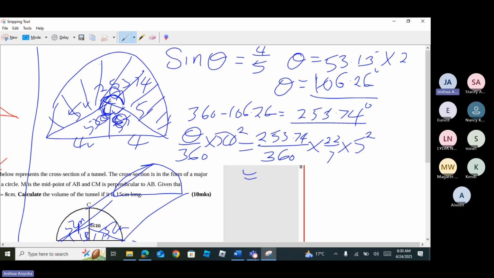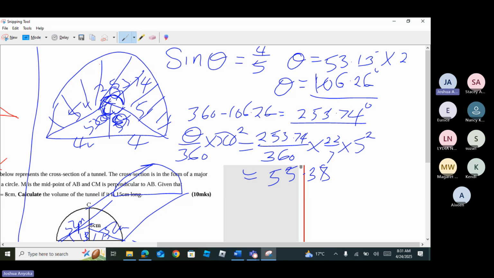What do you get? Either you are now our calculator. 55.379.